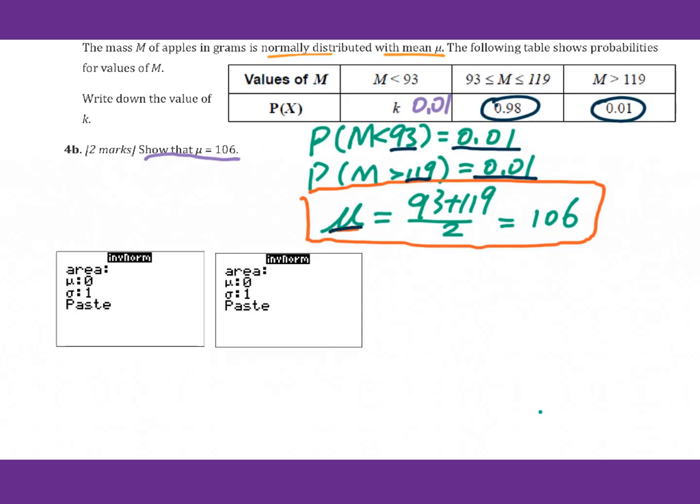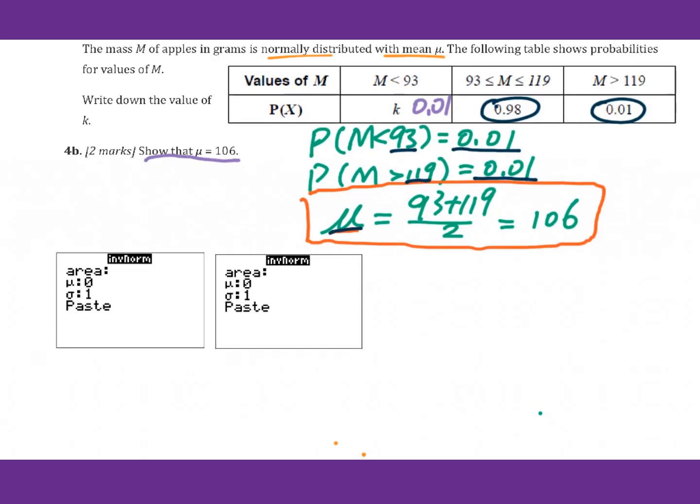The second method is using z-scores. We will figure out the z-value for M less than 93 and M greater than 119.